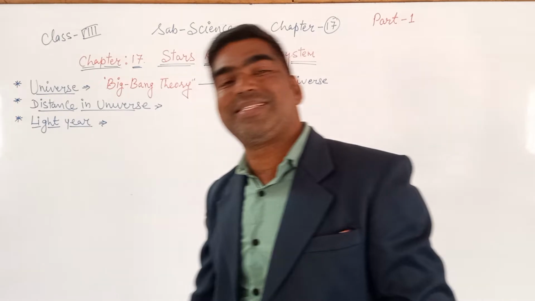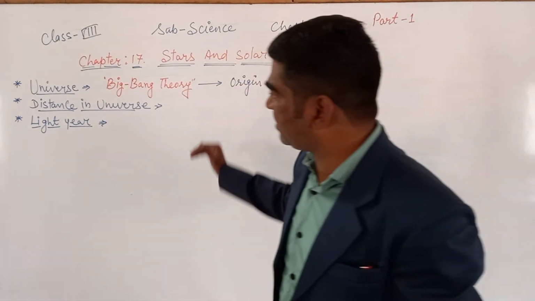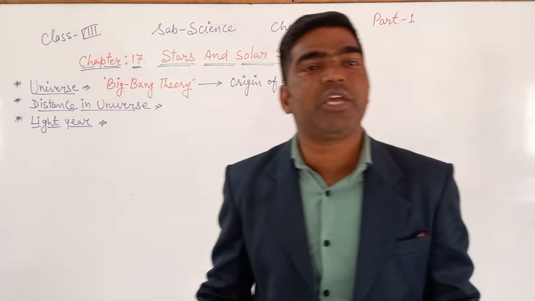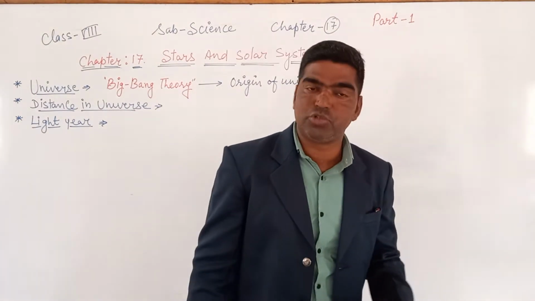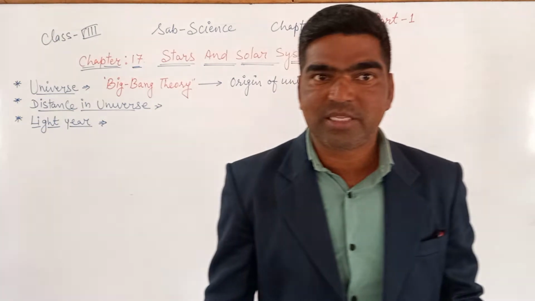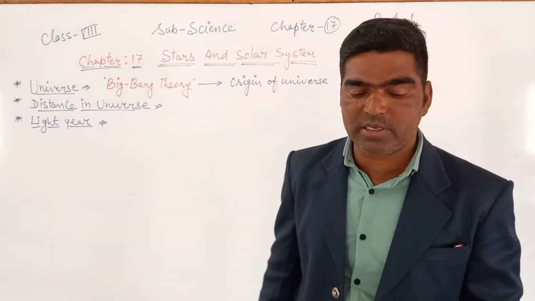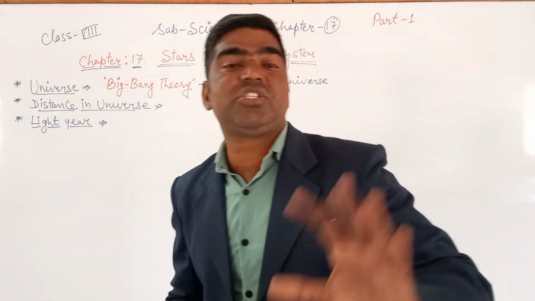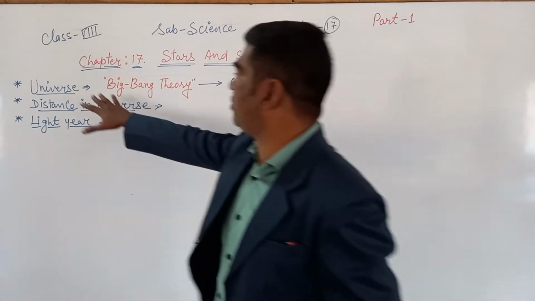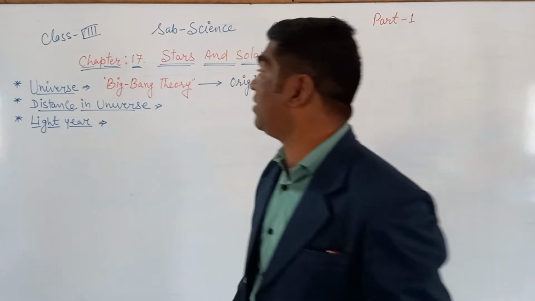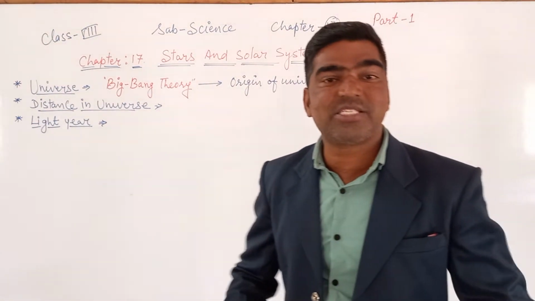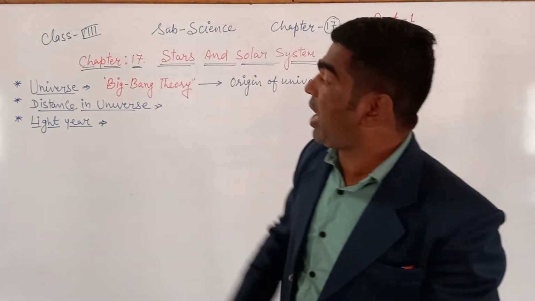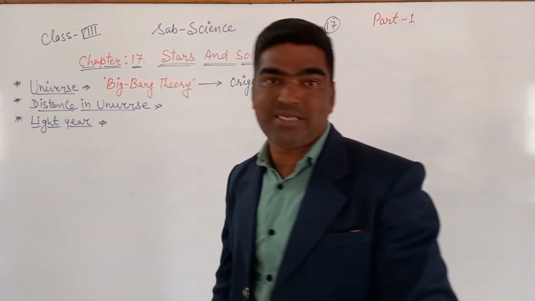Now we begin our chapter without any delay. Everybody take your textbook and open page number 205, chapter number 17, stars and solar system. First we are going to discuss the universe. Then we discuss distance in the universe. Because the universe is a vast space, how can we measure this distance?